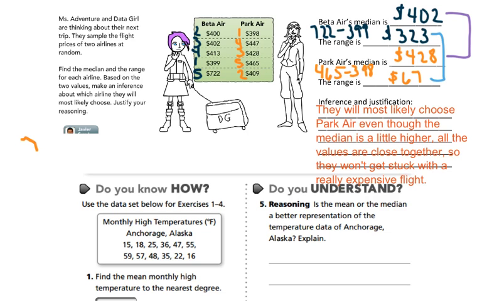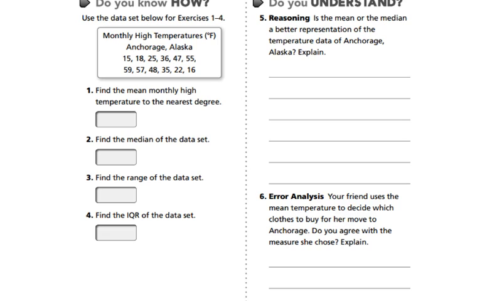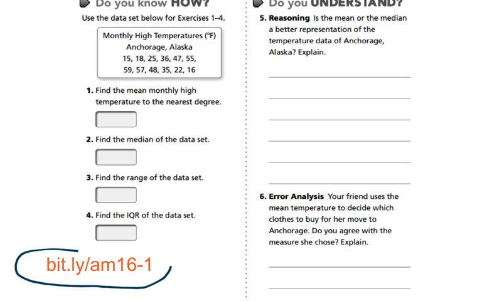Make sure you write the answers down on your paper, and then you're going to go to this website, www.bit.ly/AM16-1, and input your answers. Here's the bit.ly that you want to go to. So make sure that you figure out your answers, write them down on your paper, and then go to this bit.ly and fill out the answers.